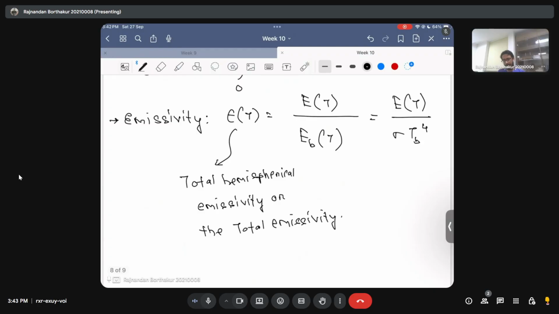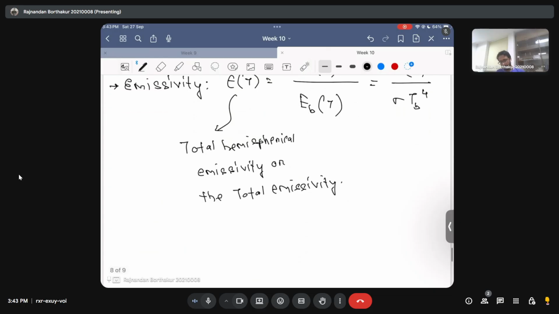So the total hemispherical emissivity is equal to the total emissive power of the real surface divided by the emissive power of the black body, which means emissivity is essentially a fraction which lies between 0 and 1. This is the next obvious thing that you can interpret.